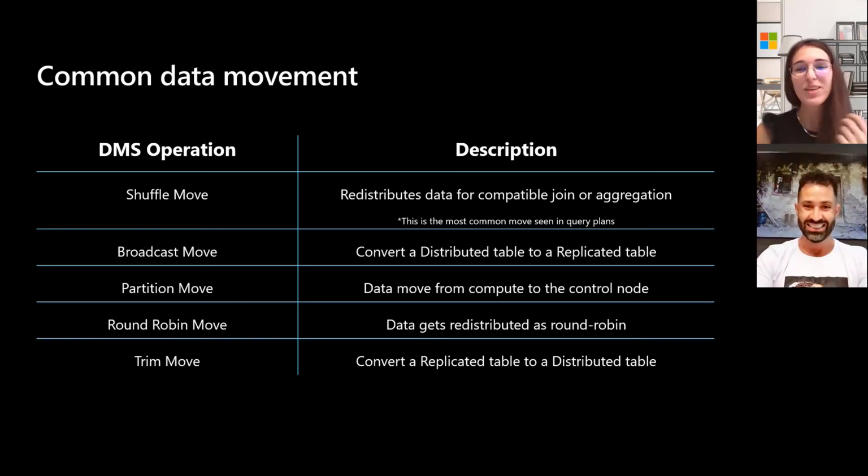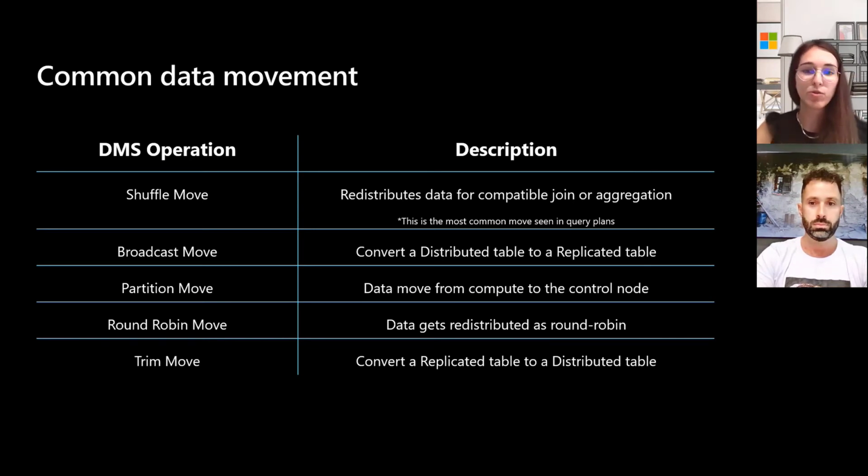So we should minimize the data movements by properly designing the tables based on the query pattern. That's why it's so important to be aware of the table geometry and choose the right one. Okay, the types of data movements we have are shuffle. It means that it redistributes a distributed table, and the redistributed table has a different distribution column than the original distributed table.